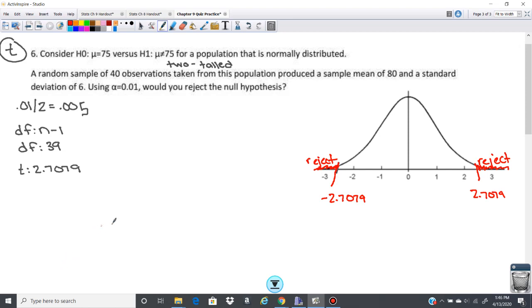Okay, so let's go through and get the T value here. Would we reject? Yes or no? We have a T value, which we get using X bar minus the mean over the standard deviation of X bar.